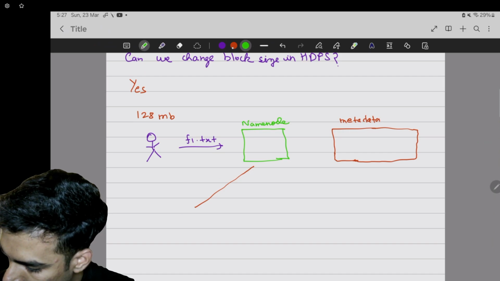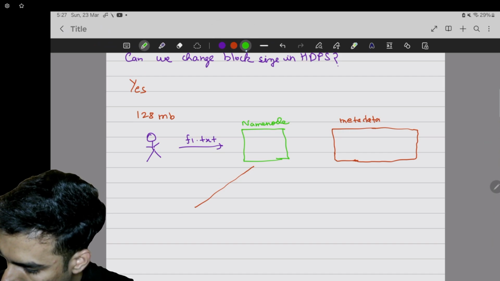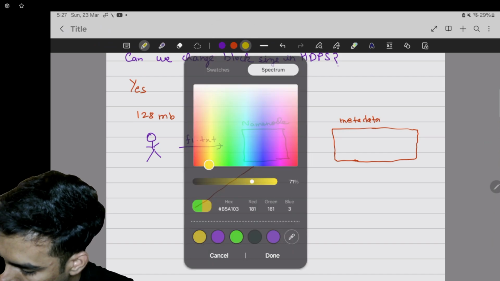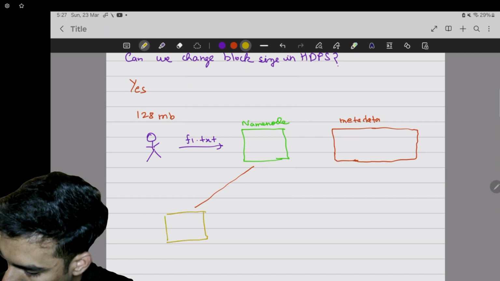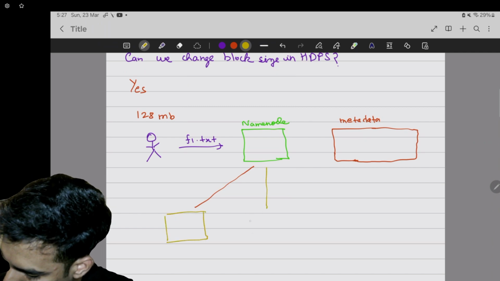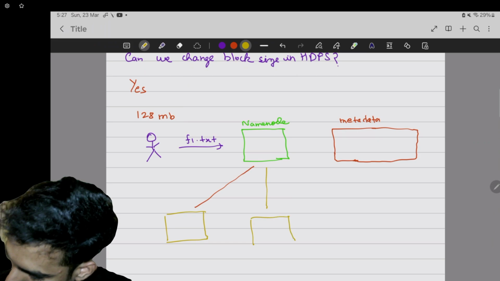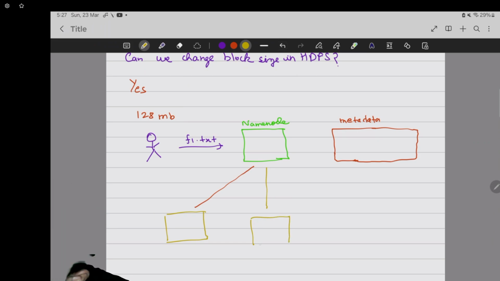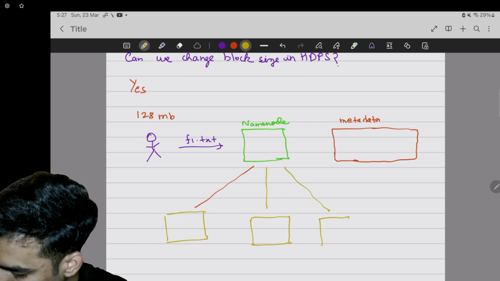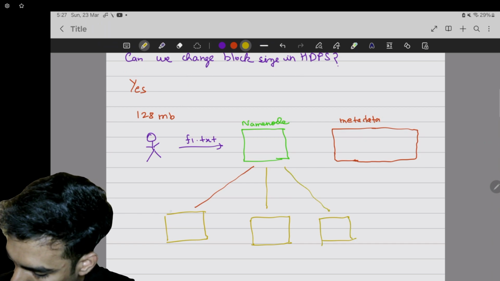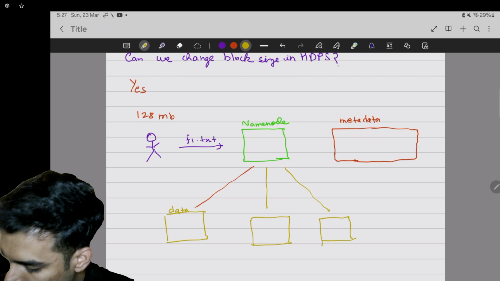Let's change this to a different color. Let's say I will change it to yellow. My name node is monitoring 3 data nodes. This is data node 1.